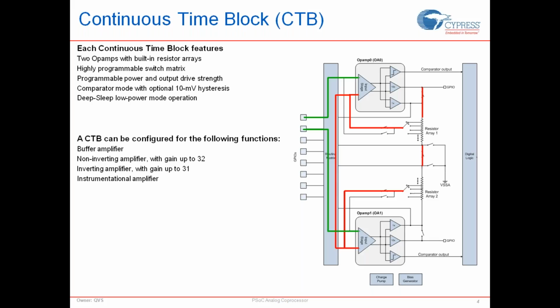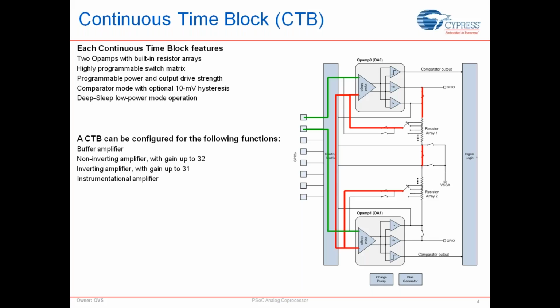You also have a deep sleep operation for this op-amp. The PSoC Analog Coprocessor device has multiple power modes of operation. One of the power modes is deep sleep, where you have your CPU and all your system turned down, and all the major high-frequency clocks are turned off. All that is working is some of the low-frequency clocks and memory retention.